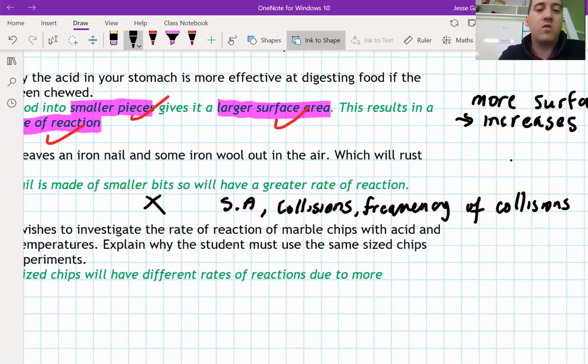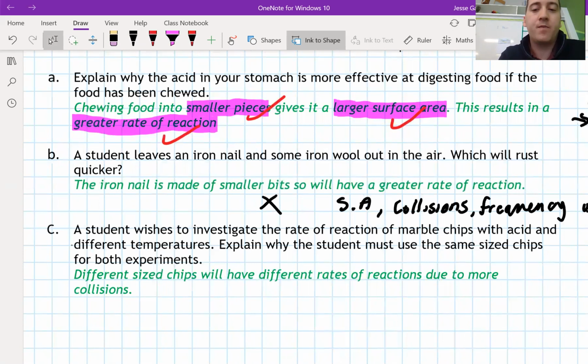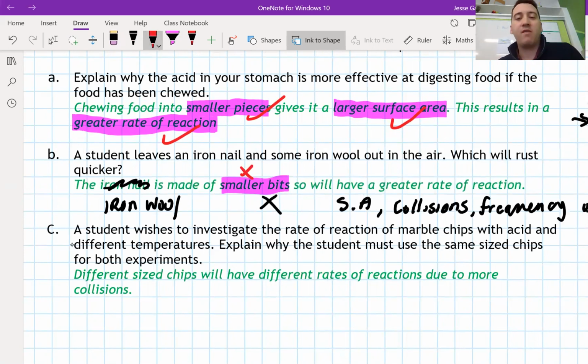And they've also gone with the wrong thing in the beginning. The iron nail, definitely not. It would be the iron wool, sorry. Iron wool has smaller bits. And I don't really like that phrase, smaller bits, either. It's not very specific, okay? So we could definitely improve that.